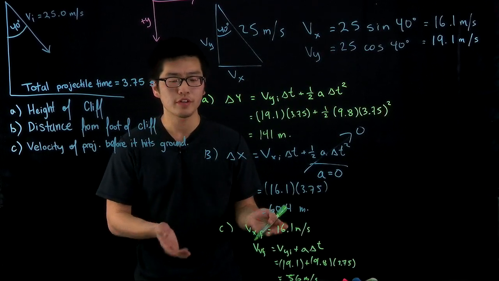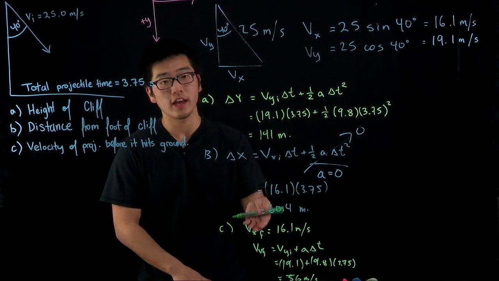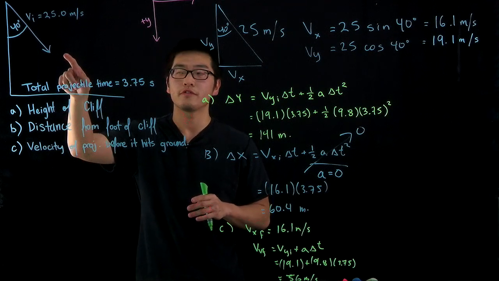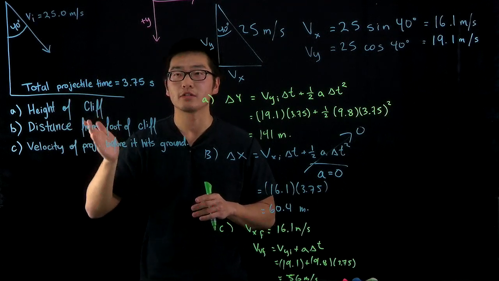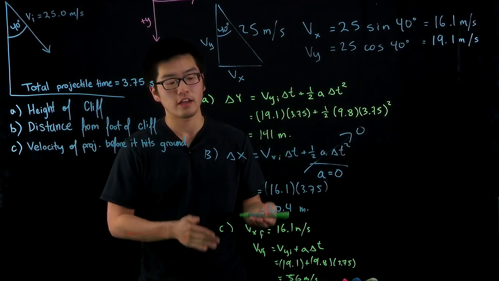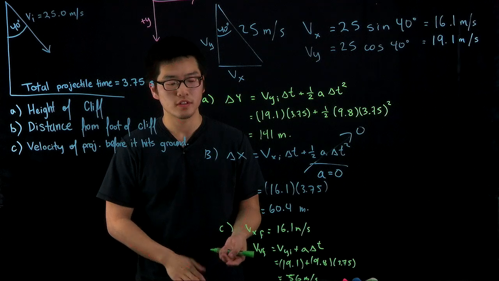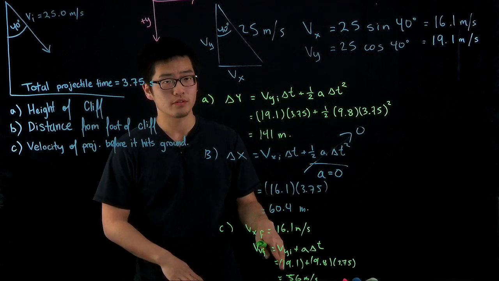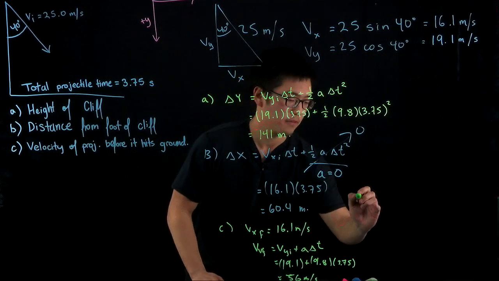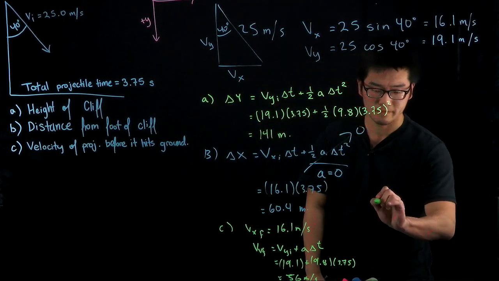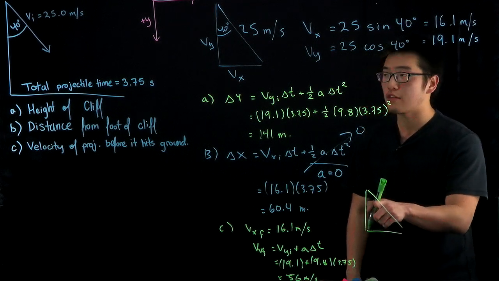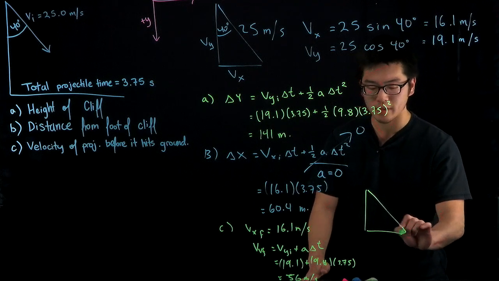Now, we're not done. We only have the final velocities in the x and y components. If you remember from the original problem, we were given the initial velocity at an angle. So we should also give the final velocity as a single vector at an angle. The final velocity will not have an angle of 40 degrees, but it will have some angle.